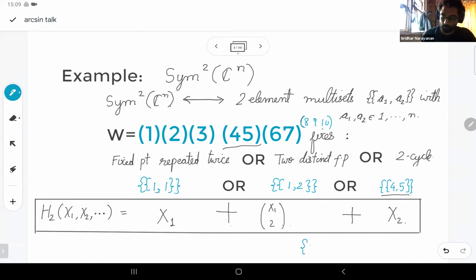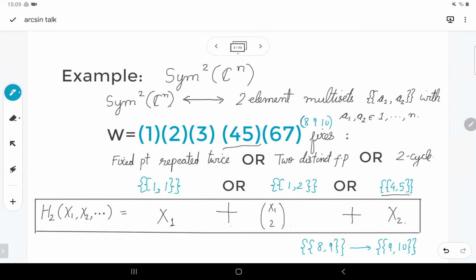If we chose any 2 elements out of 8, 9, and 10, when W acts on this, it will take this to 9 and 10. So it wouldn't be fixed. So we need a 2 cycle so that the 2 elements can permute among themselves. A 3 cycle would come into play if we had something like Sym^3 C^n. Then it would be fixed.